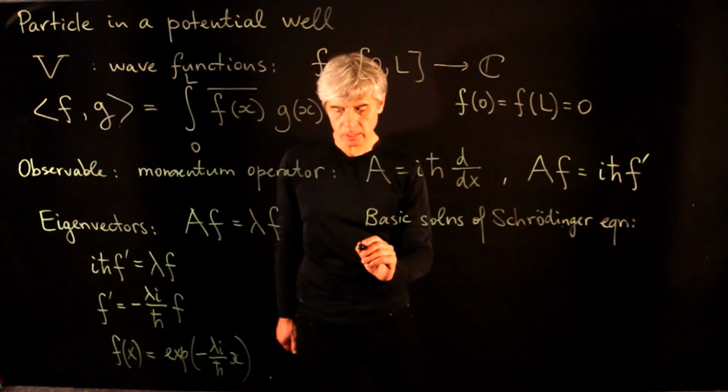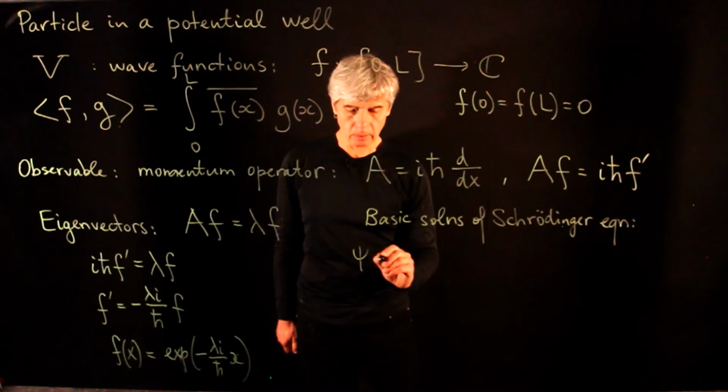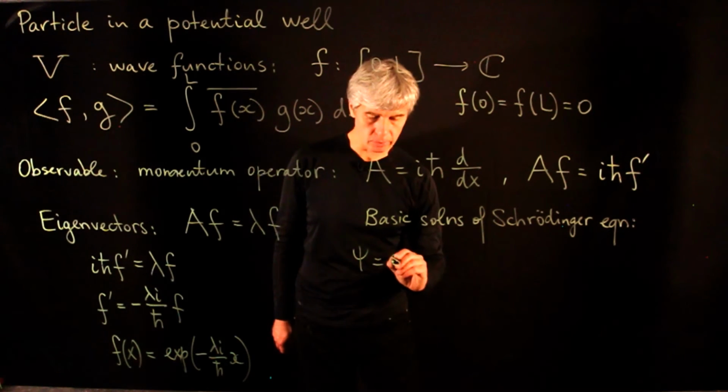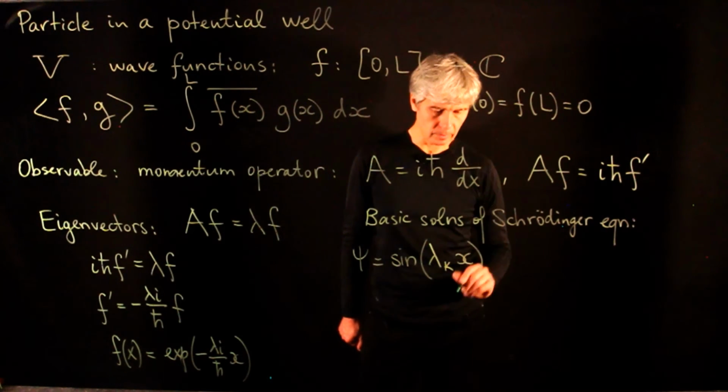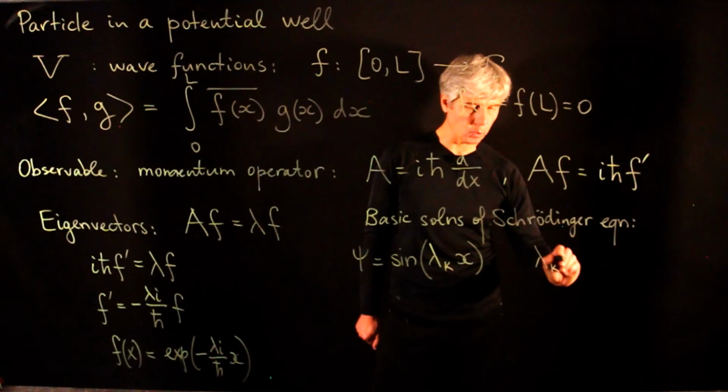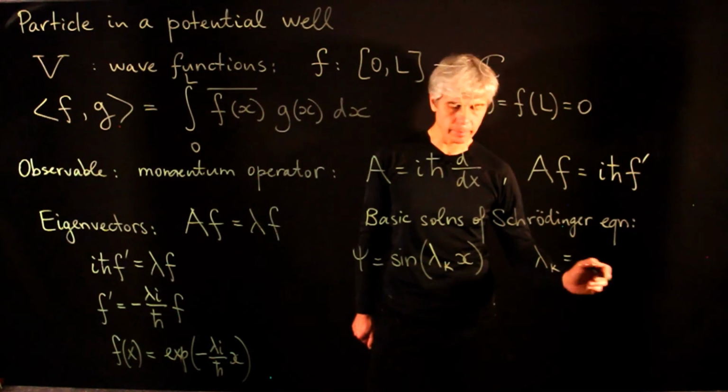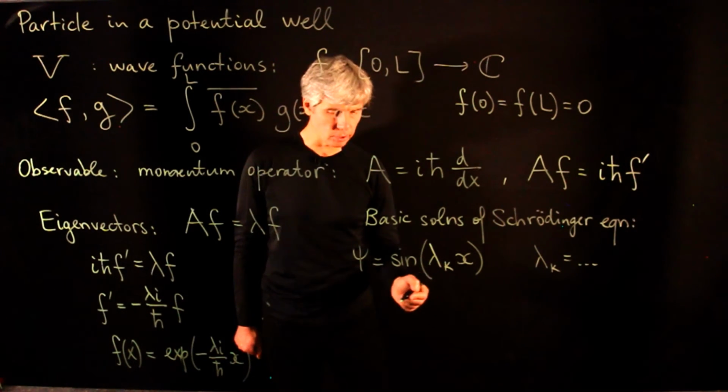And so these functions looked like sine functions. They were sine of lambda_k x, where we had formulas for lambda_k, parameterized by integers.